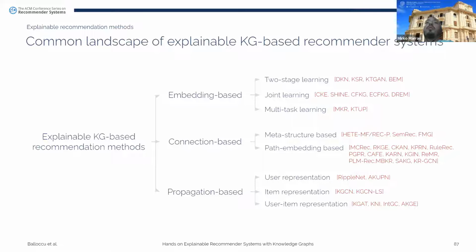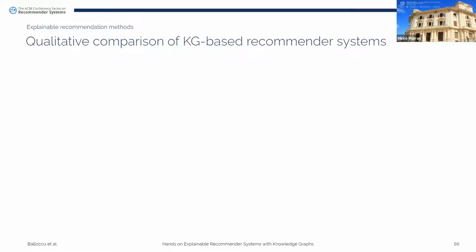Here, for your future interest, we recap the adopted taxonomy in this tutorial and the mapping with the representative methods belonging to each class that are often also used as baselines among each other in the papers we have surveyed. So to conclude this part, we provide a qualitative comparison of methods across categories.